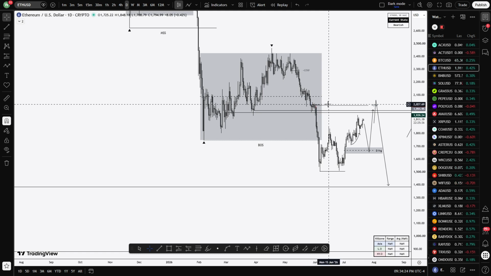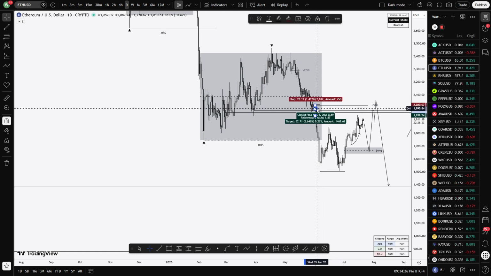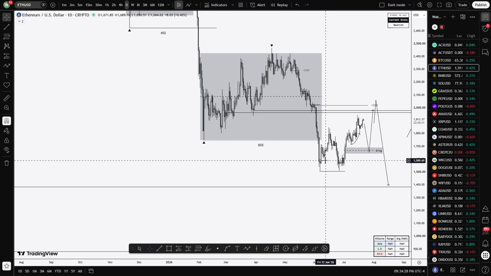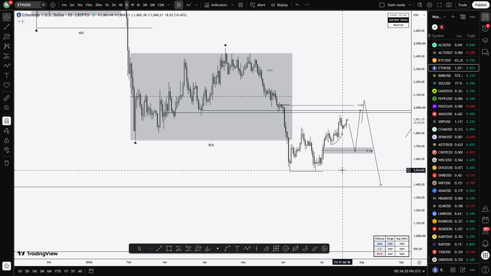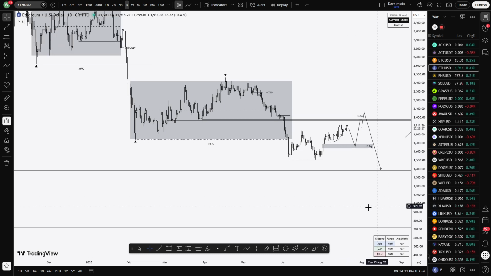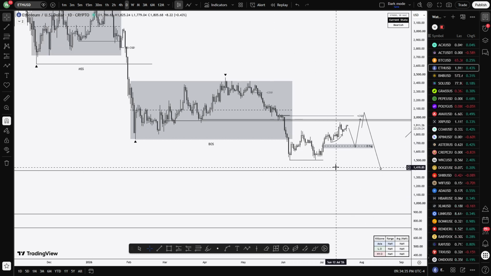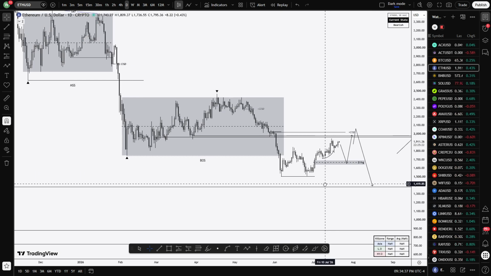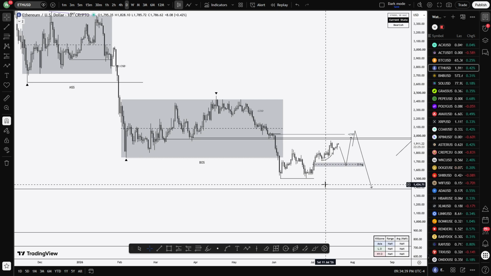So from now till October, we could see price reversing and then starting another bullish trend. And then we could go from September, October, to new highs. From the next year, well, I don't know. Let's see how this year ends first.